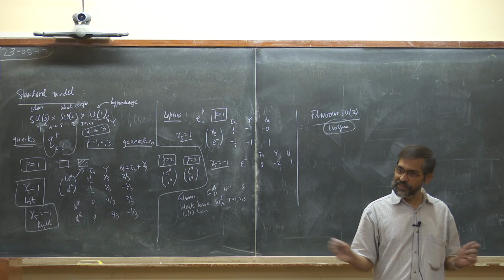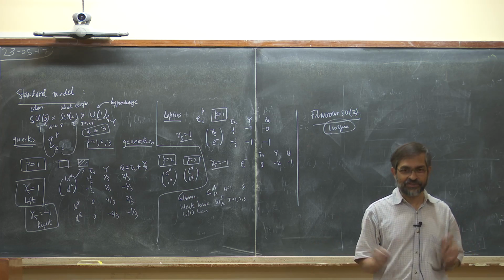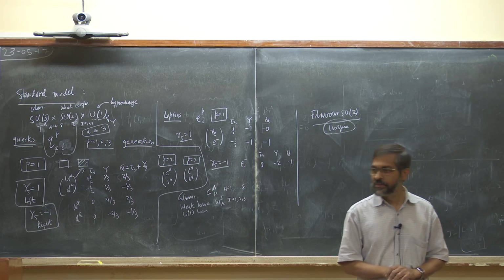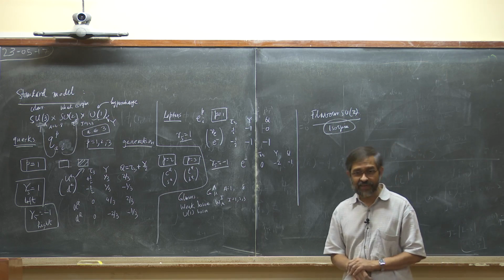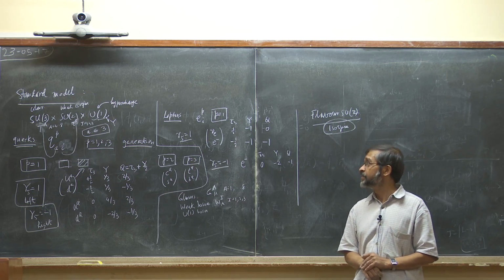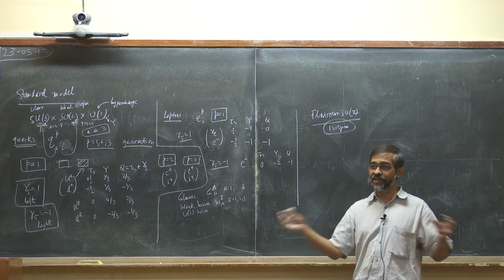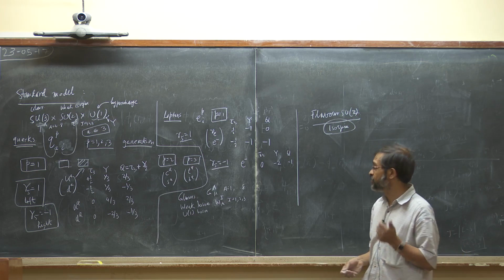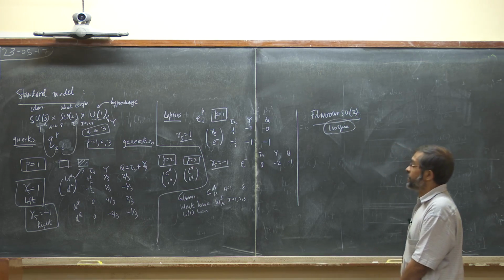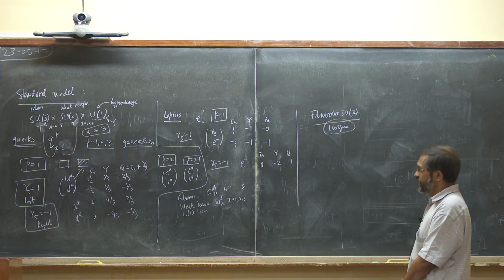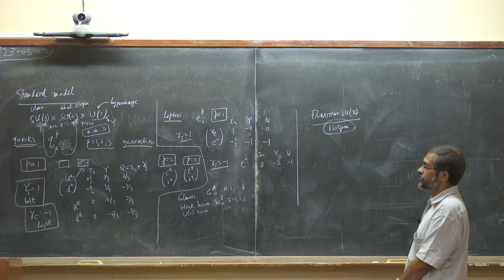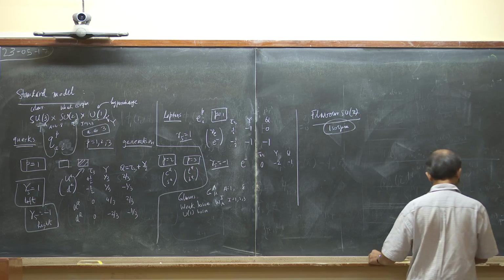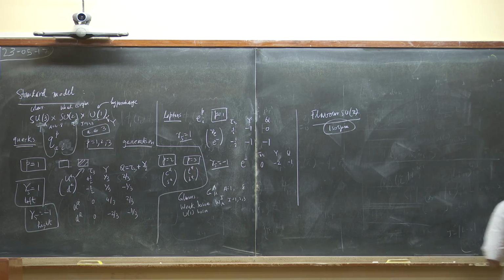This is a phenomenon called confinement. Color is confined. Whatever you can see outside from long distances are colorless objects, so they have to be color singlets. So let's try to construct, with our group theory knowledge, color singlets.